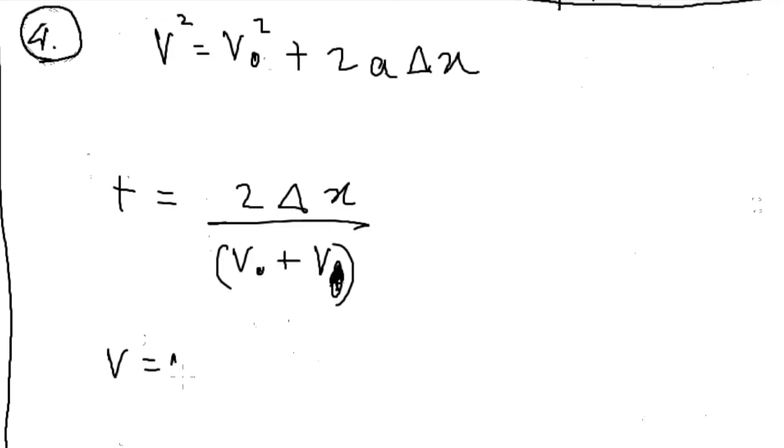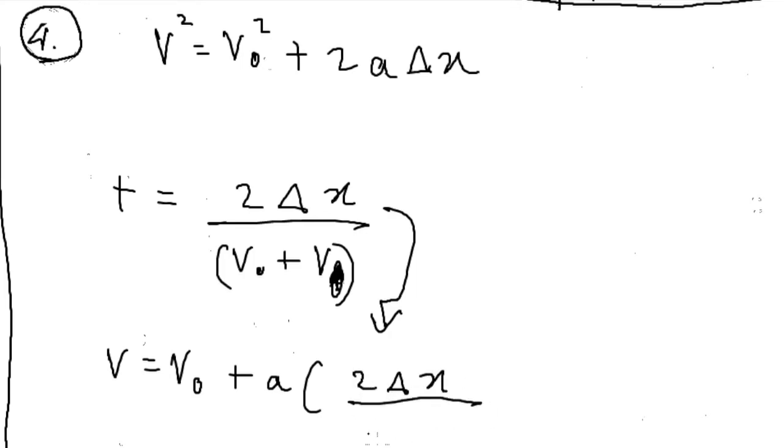Now substitute that in the first equation. Final velocity is equal to initial velocity plus acceleration times, substitute this here, 2 times displacement divided by initial velocity plus final velocity.